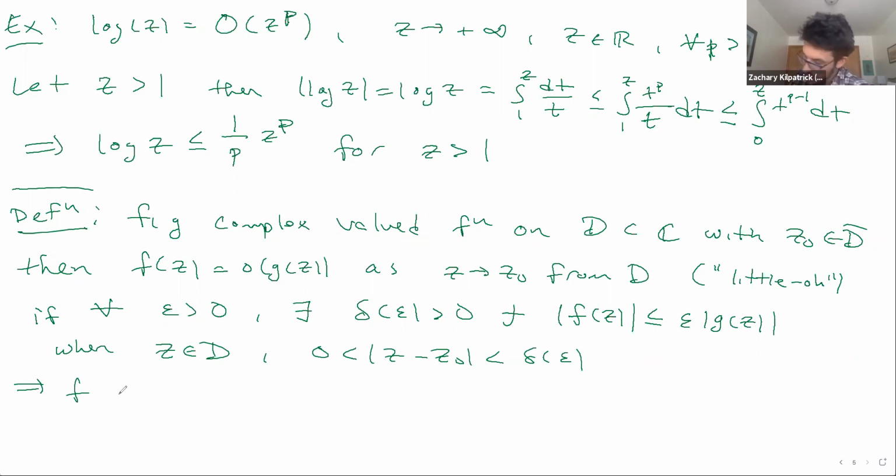So colloquially, we might say little o notation just implies that f is smaller than g in the limit, okay.